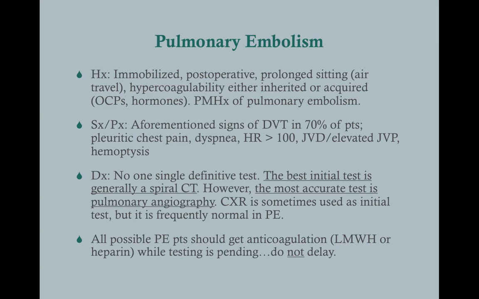They should already be getting anticoagulation while the testing is pending. You don't want to delay this, because the longer they have this pulmonary embolism, the higher their mortality rate is going to go. So you need to treat their PE as quickly as you can.